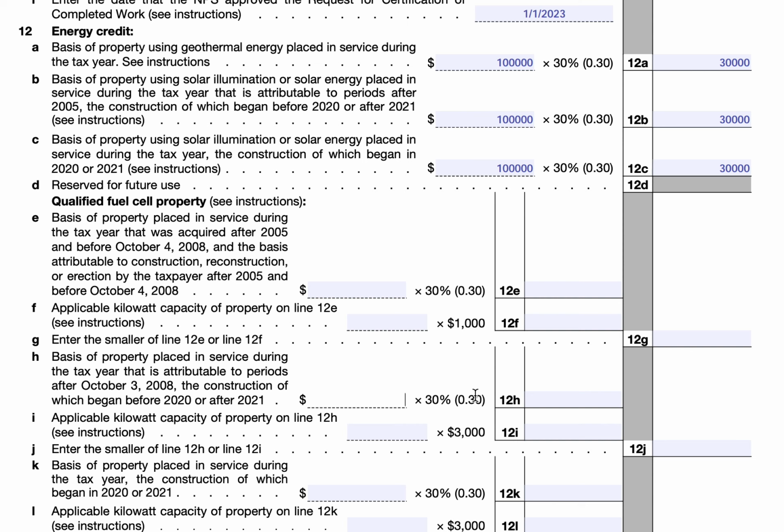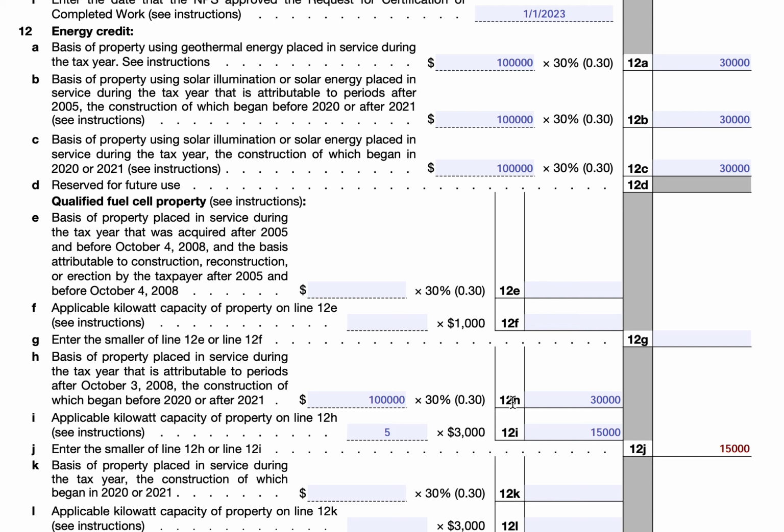So now we spent $100,000 on this, sorry. So that's a $30,000 number. The 5 kilowatts comes out to $15,000. Now we can take the lesser of those two tax credits, which would be the $15,000. That's what we'll put here.